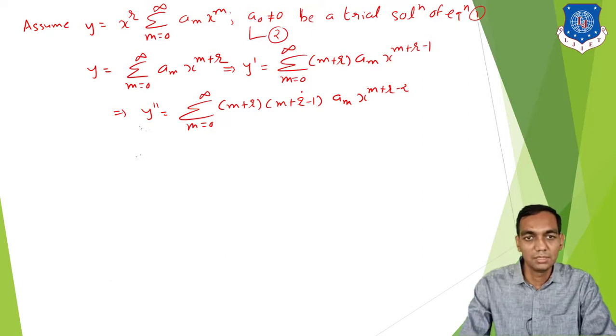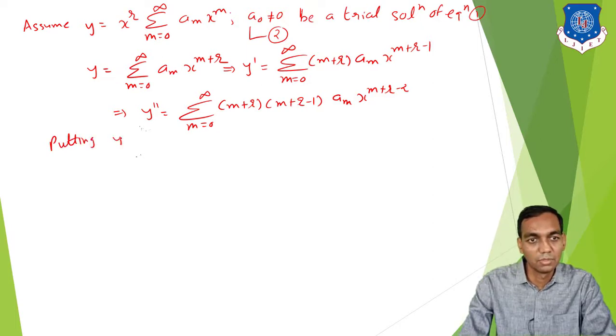Correct? These are the standard things. Now putting these values of y, y dash and y double dash in equation 1.